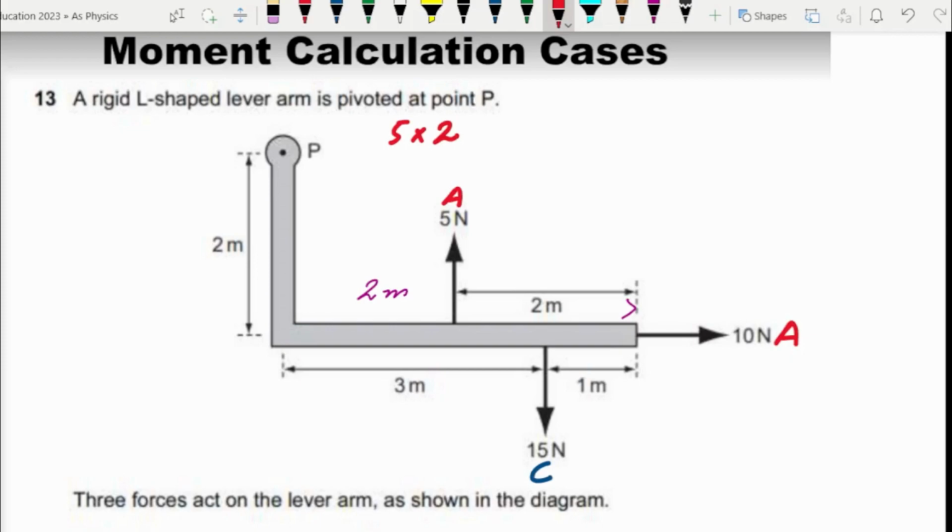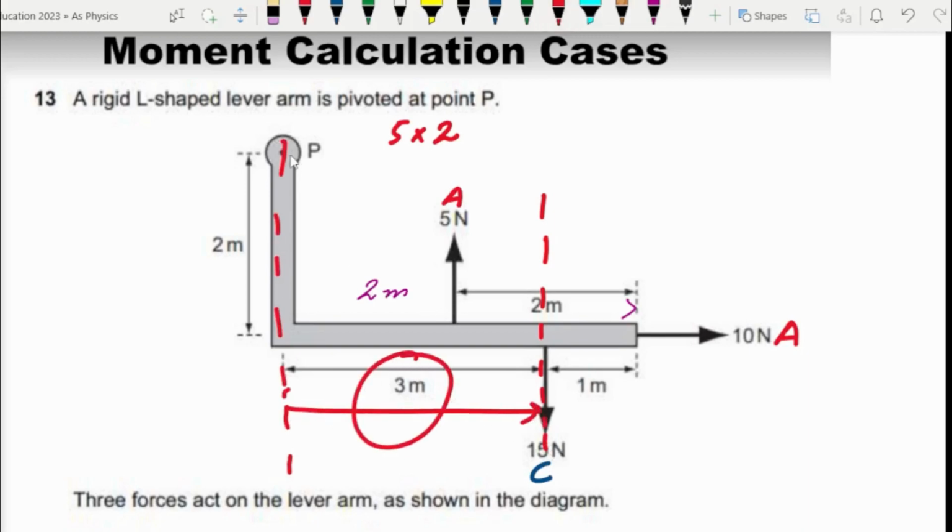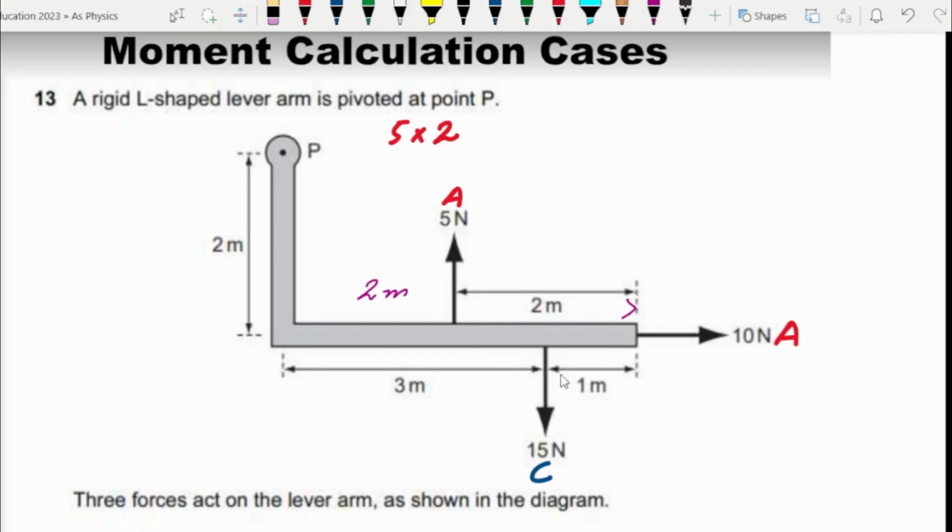Let's take a look at the other force. The other force is 15 newtons. Now what is the perpendicular distance of this force from the pivot? देखो, this is your line of action of force. This is your line of pivot. What is the distance between these two? आपको directly given है 3 meters.